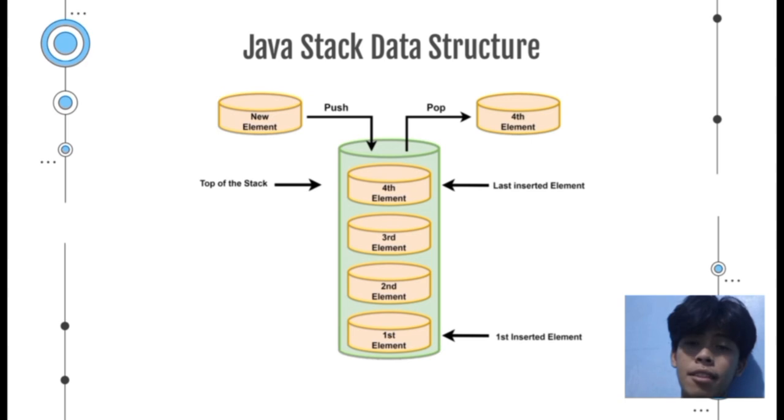This follows the last in, first out principle, meaning the last item added is the first one removed. So in this case, we can use the push method to add new elements to the stack, and the pop method to remove the top element. For example, if we have 4 elements in the stack, calling the pop method will remove the 4th element, which was added last.